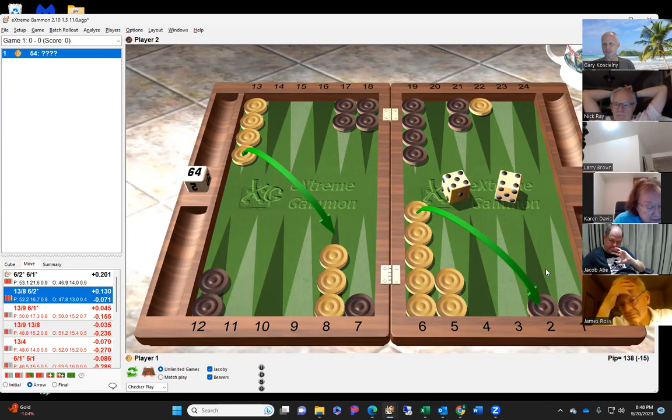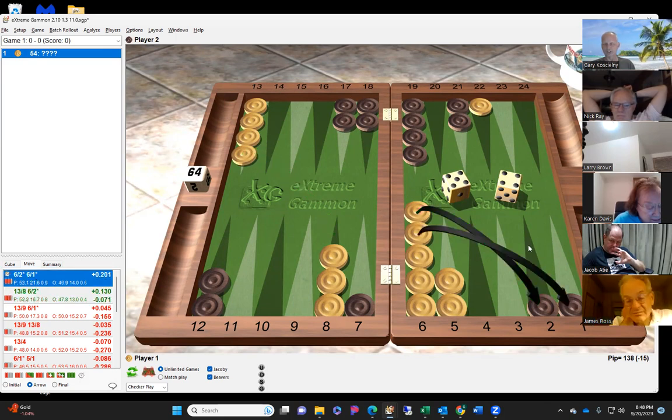With this play, there are 20 shots. So you're giving up 4 extra shots, and often 4 extra shots is a big deal.